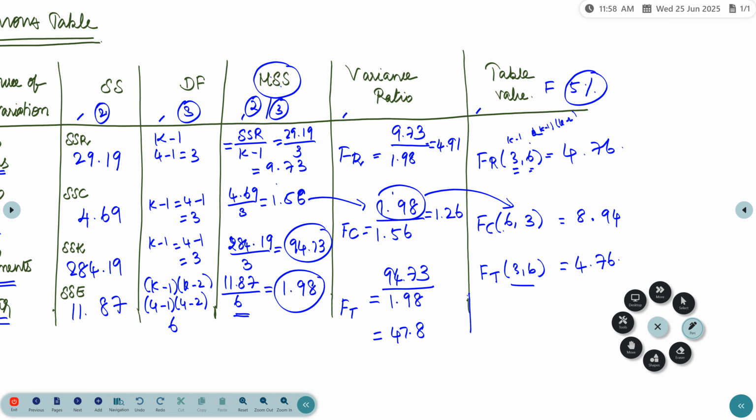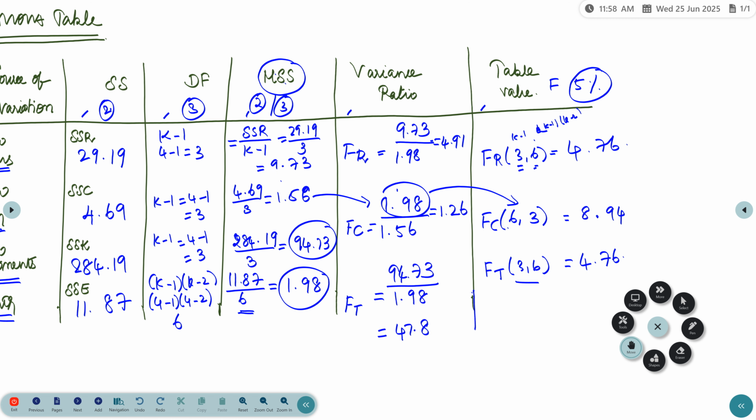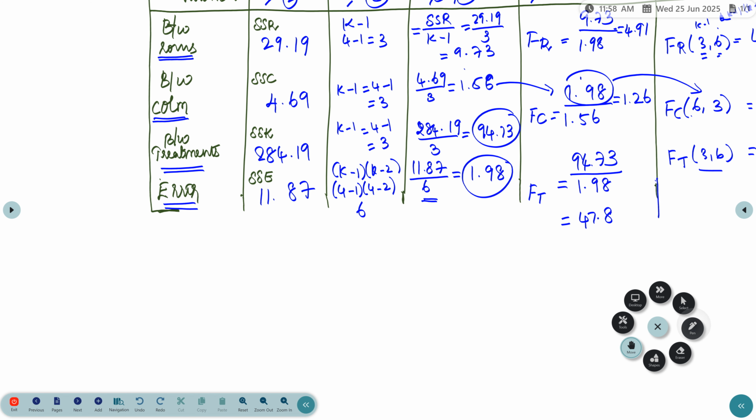Next, we are going to write the conclusion. Every time we compare the calculated value and the table value. The calculated value FC is less than the table value, so we accept H naught.